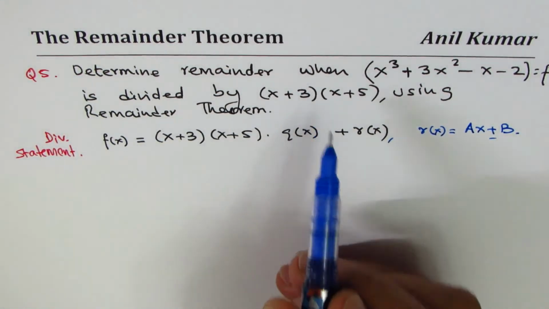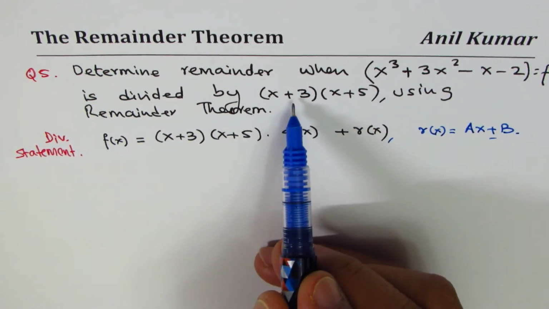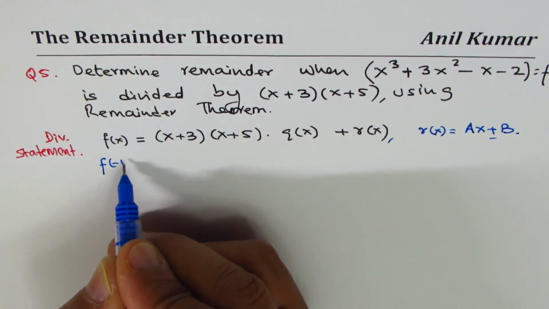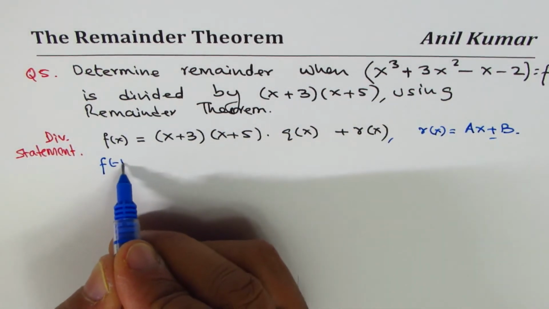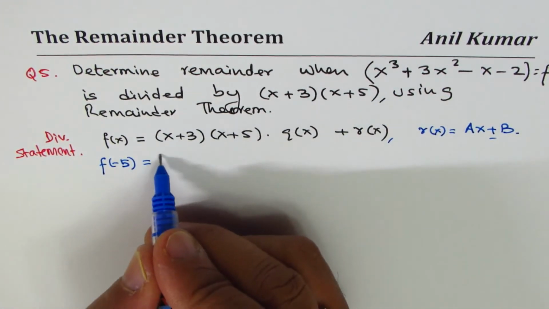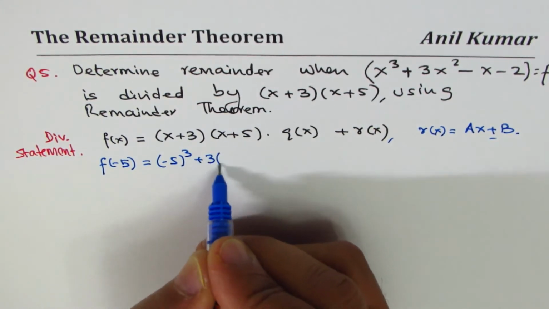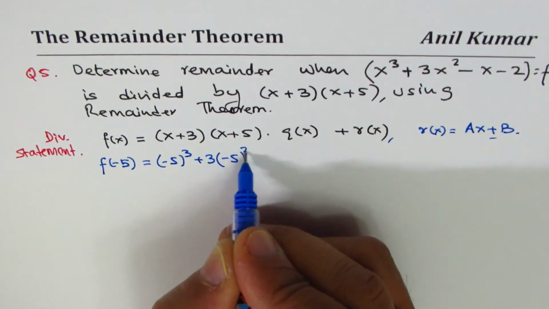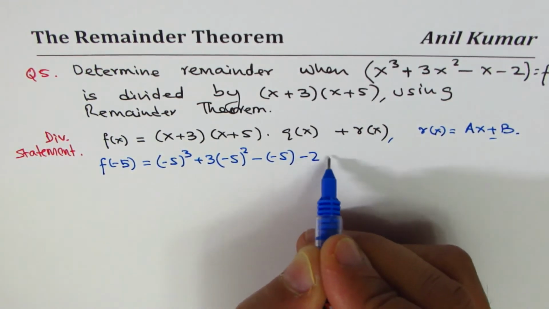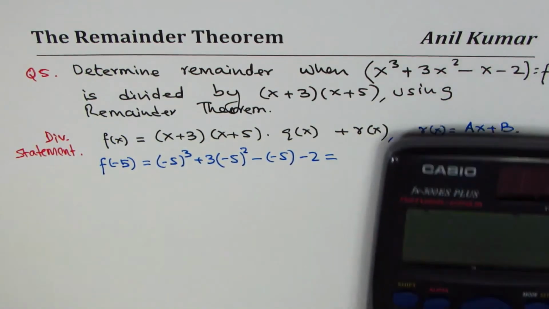Second, let us also find the value of the function at minus 3 and minus 5. So let's find the value of the function at minus 5 first. I'll substitute minus 5 here. We have minus 5 cubed, plus 3 times minus 5 squared, minus of minus 5, minus 2. We may need a calculator now. How much is that equal to? So let's find this value using a calculator.